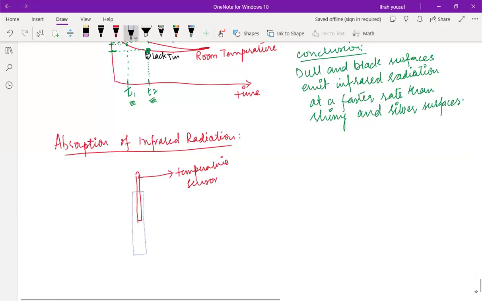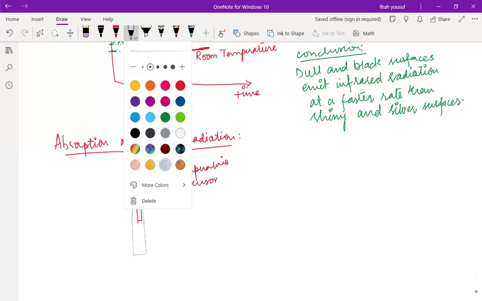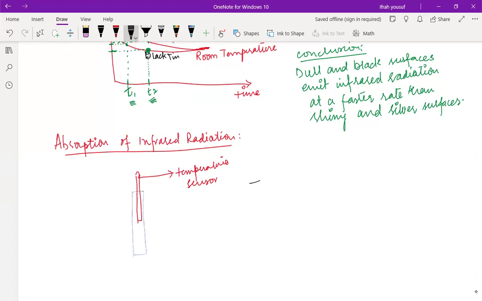Right. And the same type of material or a rod is given here. And there is a thermometer or a temperature sensor, and this is connected to the data logger, and continuous reading is observed.